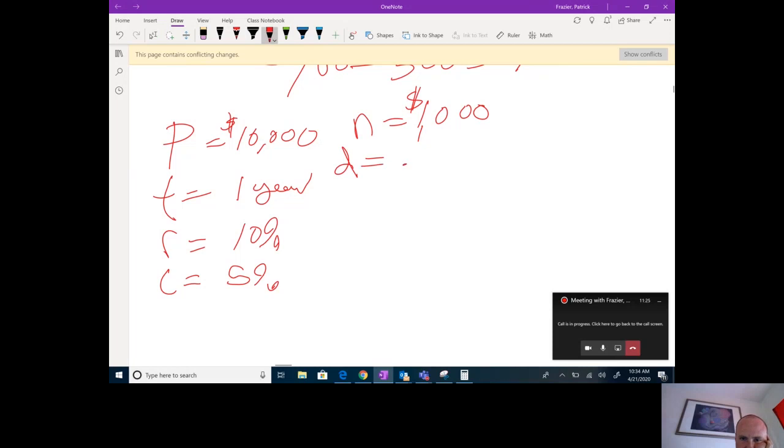If 10% of $10,000 is $1,000 and 5% is just half of 10%, then 5% of $10,000 is $500.